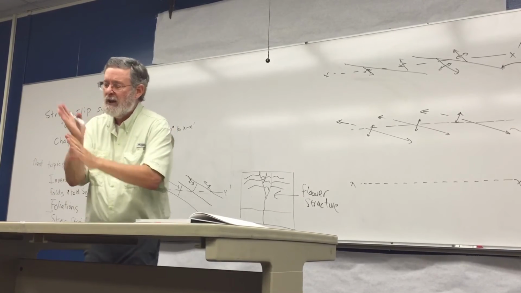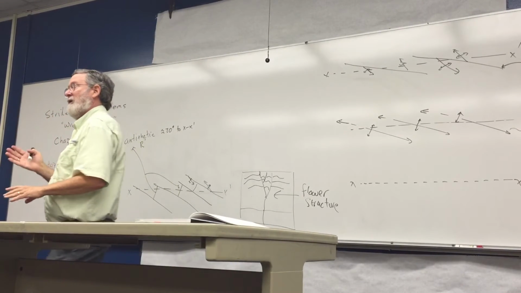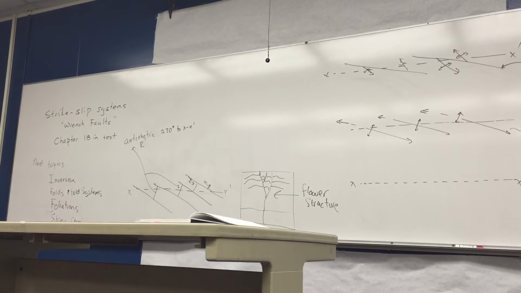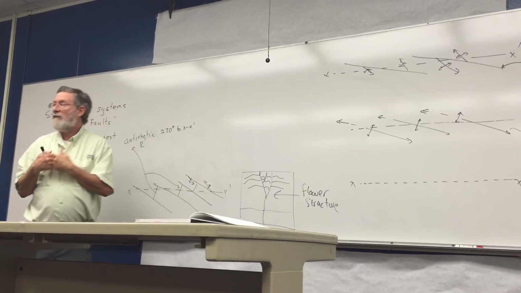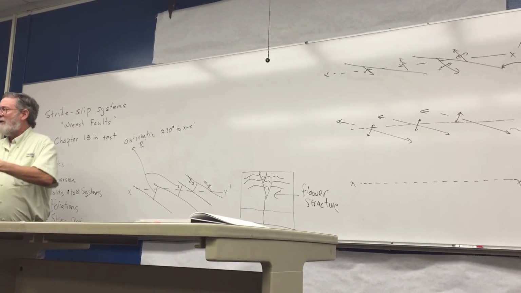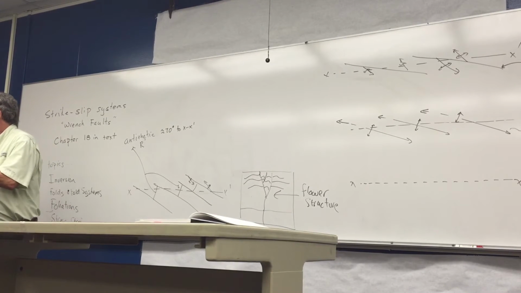They seem to connect up. The R faults, or the synthetic faults, so the R prime faults appear to be some sort of a transfer or connection with the R faults. And so we're adding on, we're compounding.